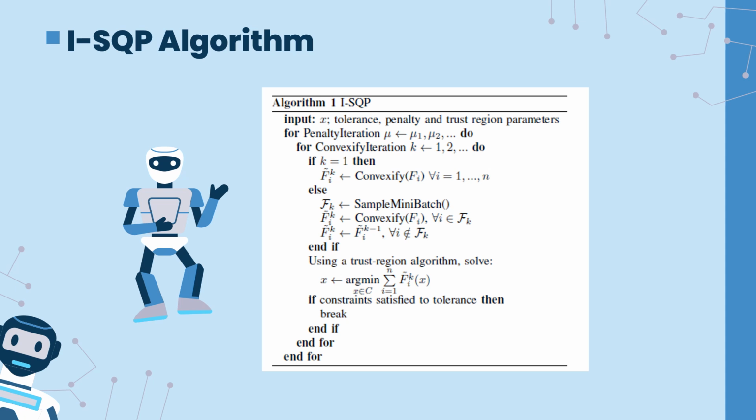Then we update convexifications for the sampled subset and keep all previous convexifications for non-sampled functions. Here we solve the optimization within a trust region using the updated convexifications. We also check if constraints are satisfied: if yes, exit; if no, continue iterations. The selective updating approach helps escape local minima while maintaining computational efficiency.